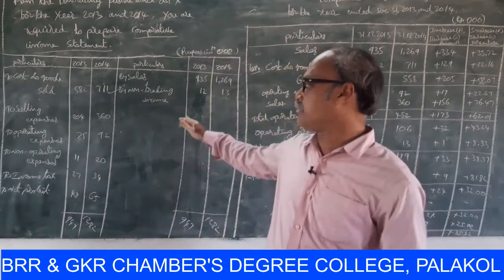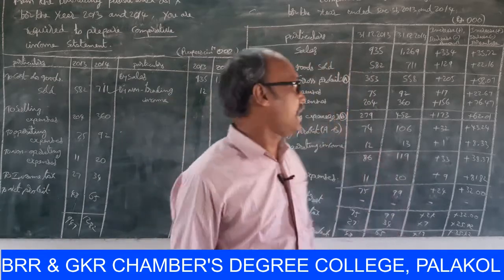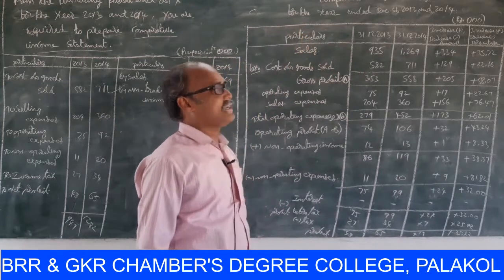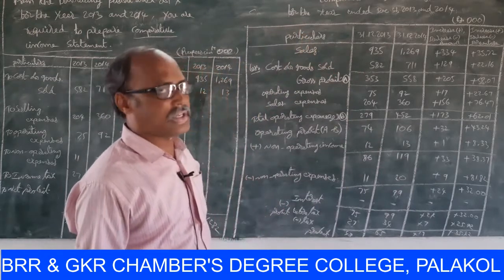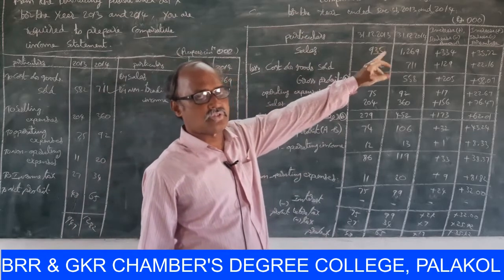This is the example problem. Okay, look at the answer. Comparative income statement for the year ended 31st December 2013 and 2014, amount in rupees 000.